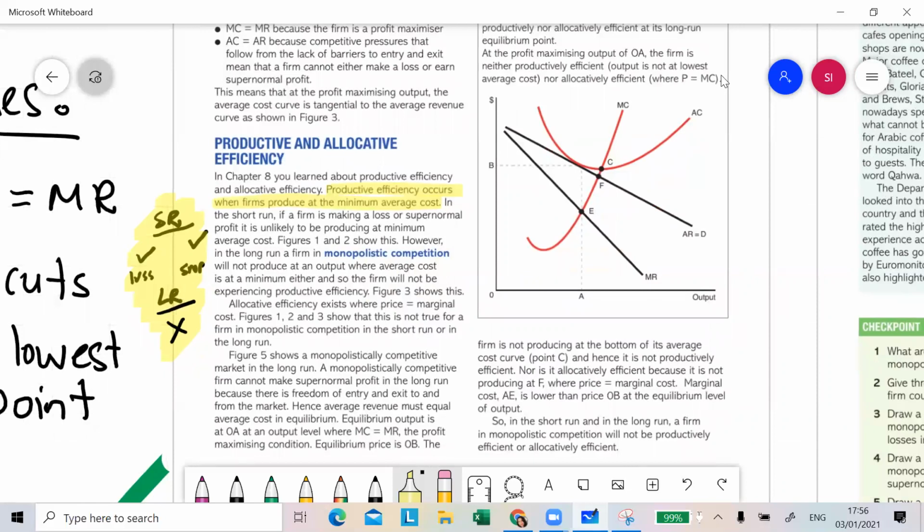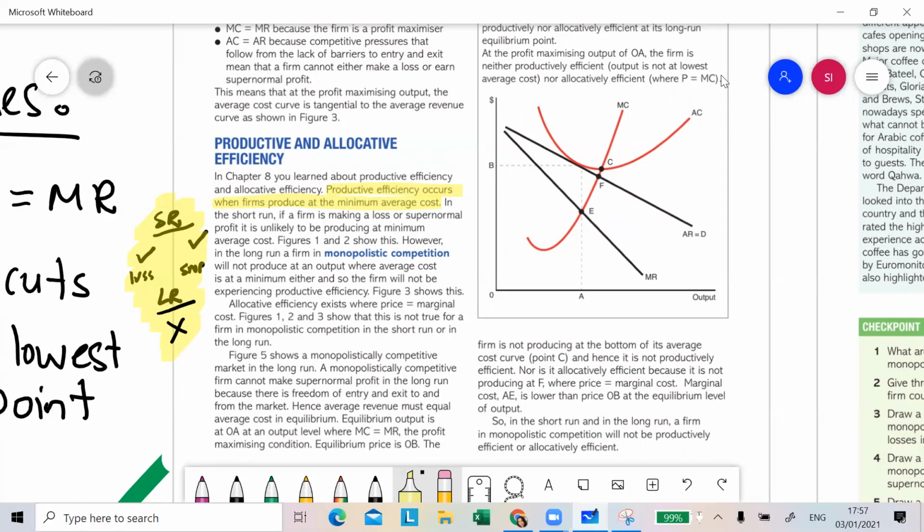Equilibrium output is at 0A, at an output level where MC equals MR. This is the profit maximizing condition. Equilibrium price is 0B. The firm is not producing at the bottom of its average cost, point C. Now you can see when we drew the curve for normal profit, it is not the minimum point which is touching the AR, right?